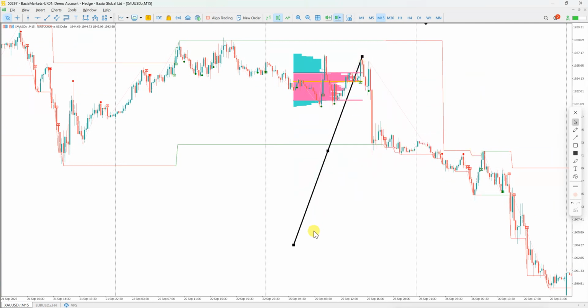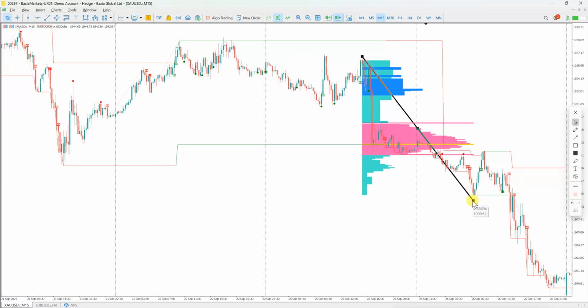And here, maybe here, you will find imbalance. Here we have imbalance. Okay, we have an FVG in red box color, fair value gap. The volume is thin.